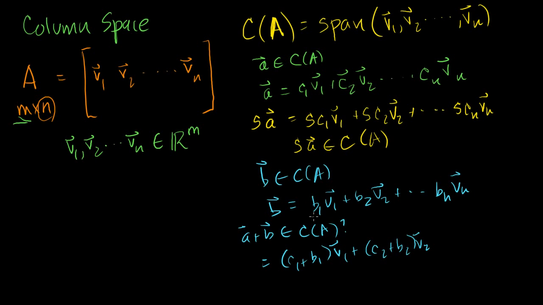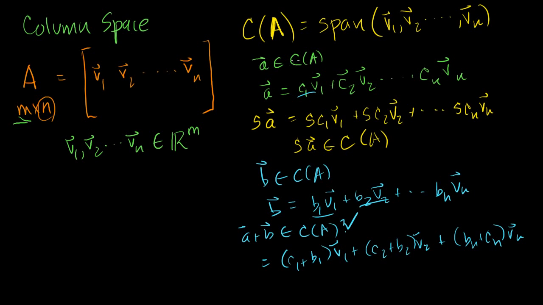Right? I'm just literally adding this term to that term to get that term, this term to this term to get this term. And then it goes all the way to cn plus bn times vn, which is clearly just another linear combination of these guys. So this guy is definitely within the span.